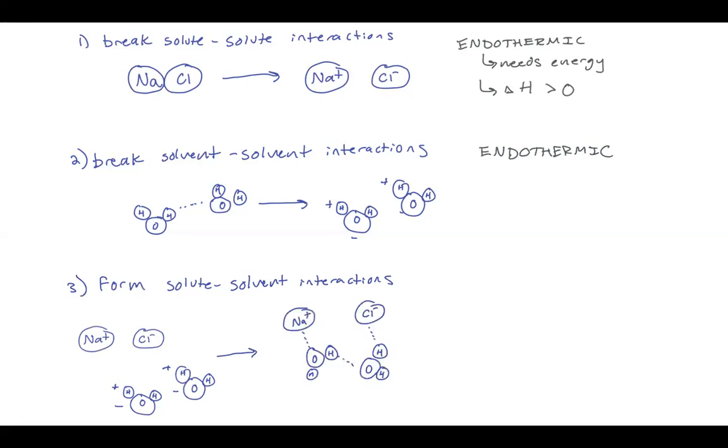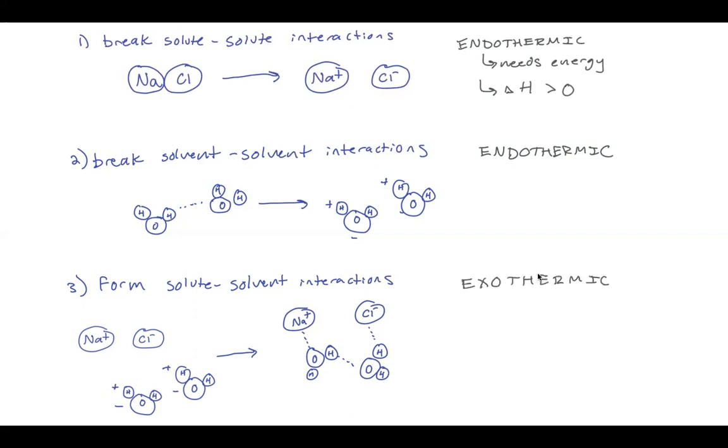When we form these interactions, the positive sodium ion is going to line up with the negative oxygen, and the negative chloride ion lines up with the positive hydrogen, and they form those bonds, right? Now, normally with dissolution, I didn't draw this out, but normally you get so many water molecules surrounding the sodium and chlorine that they're kind of encapsulated by water. In this case, I just show them interacting with one.